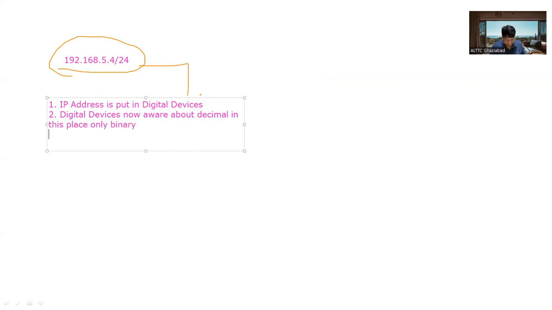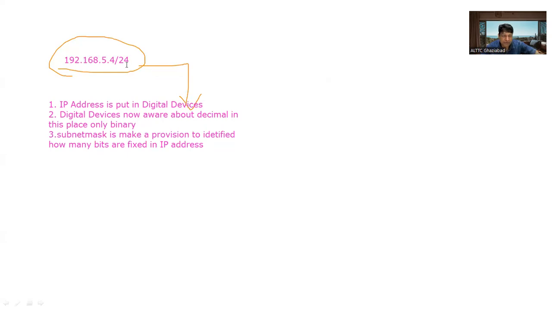Third, subnet mask is a mechanism that makes a provision to identify how many bits are fixed in the IP address.